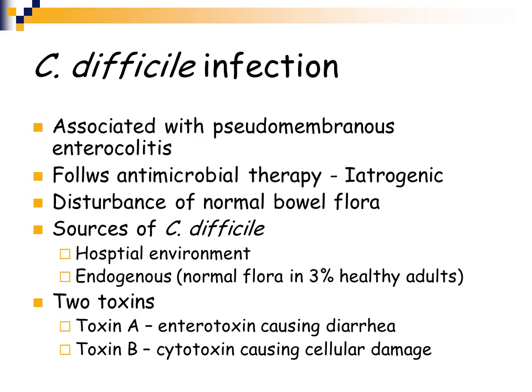So Clostridium difficile is associated with the disease pseudomembranous enterocolitis. And usually, an individual will get pseudomembranous enterocolitis caused by Clostridium difficile after they have been on antimicrobial therapy, and this is considered an iatrogenic infection.